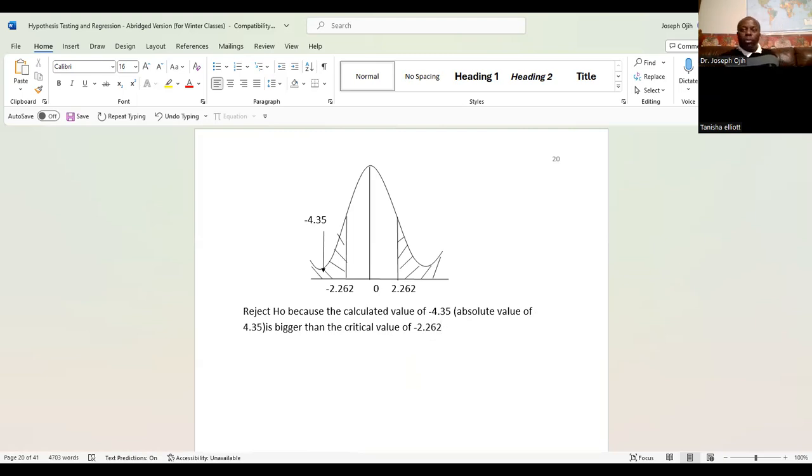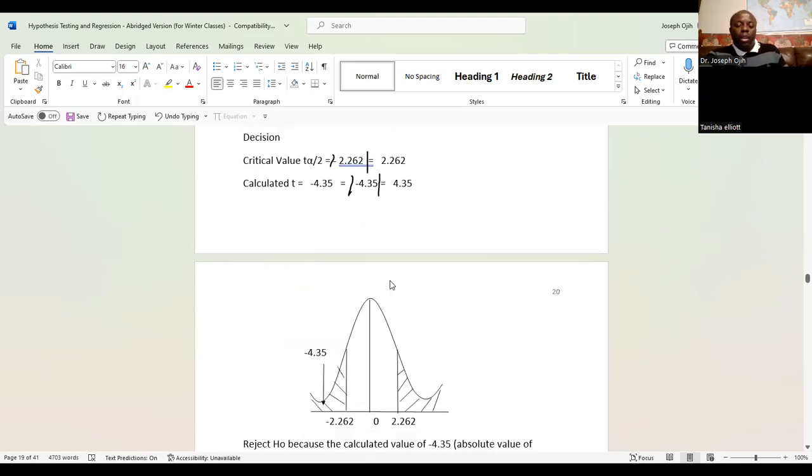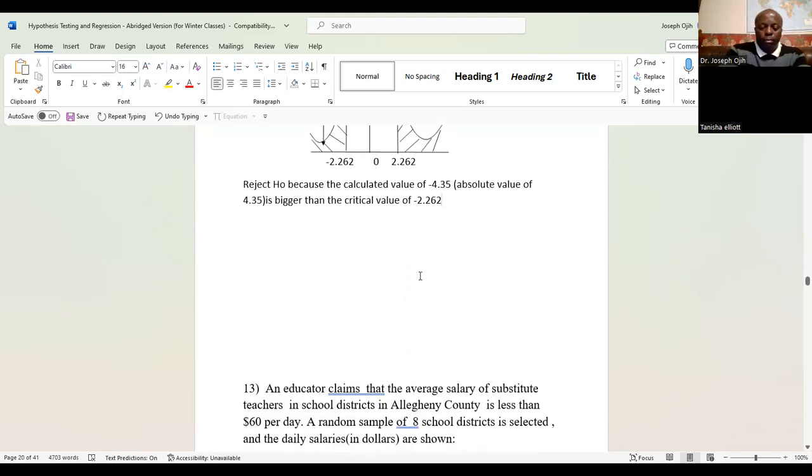So, of course, you know that in algebra, this one is bigger actually, but like I said, you're using the absolute values. So we reject because our answer is bigger than the critical value. So now let us make our decision.